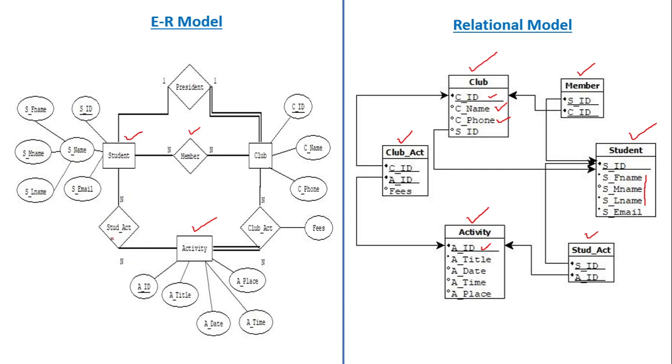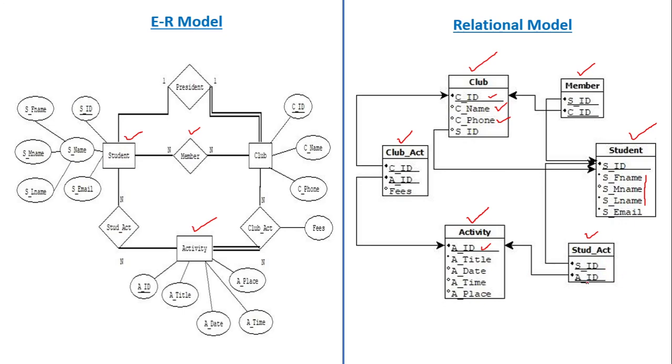So say for example, stud act is the relationship set. So which are the entity sets participating? So we are having student and activity. So what is the primary key of student? SID. And what is the primary key of activity? That is AID. So the attributes for the stud act relationship set are SID and AID.